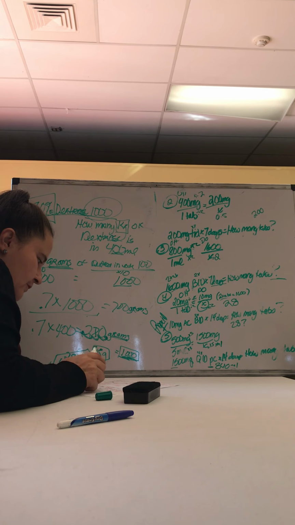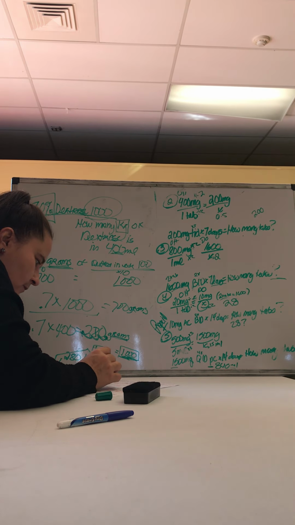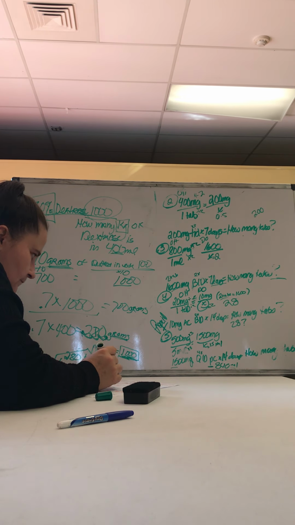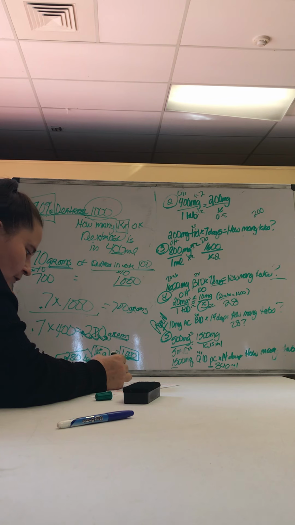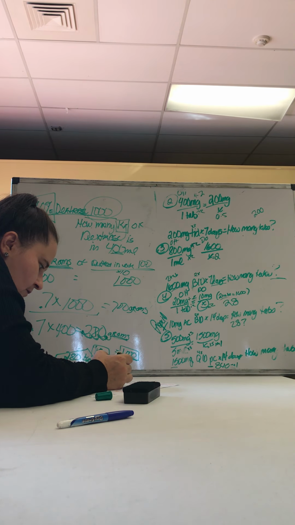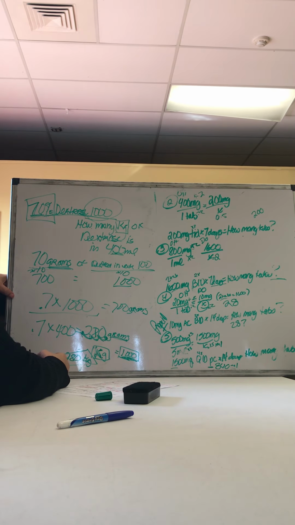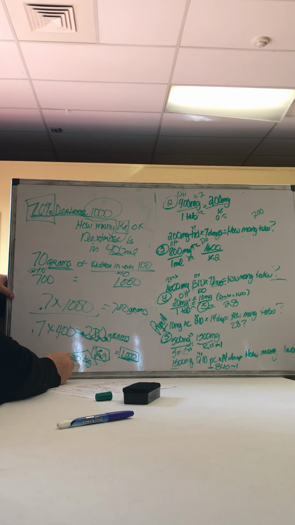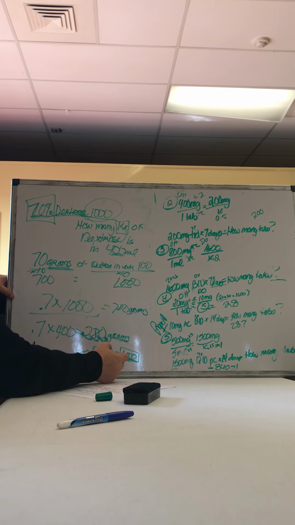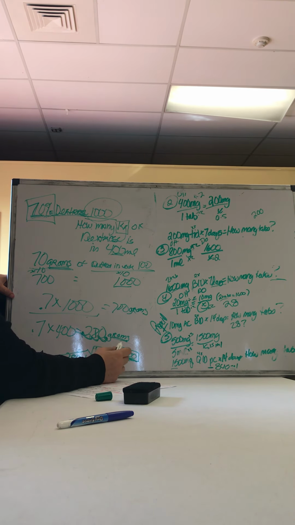So your answer should be, let me make sure it's here as well. I changed the answer. But that's your answer. 0.280 of a kilogram. Always from kilograms to grams, or grams to kilograms, you go 1, 2, 3.